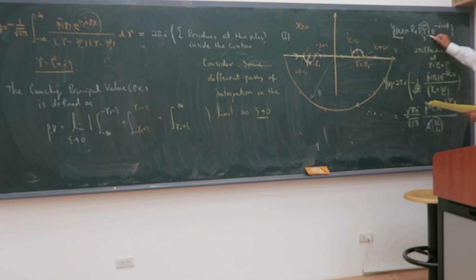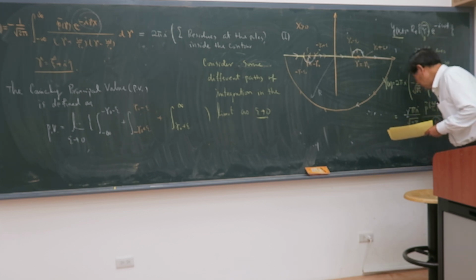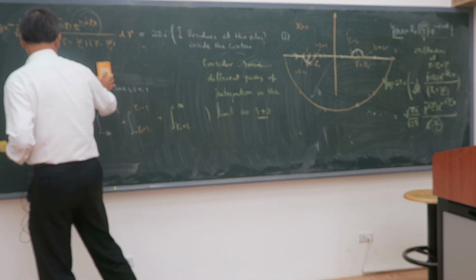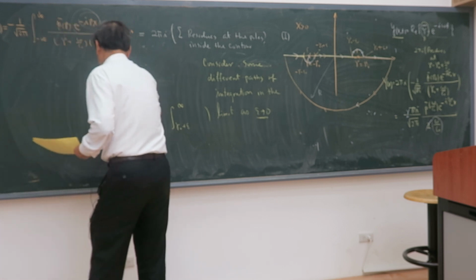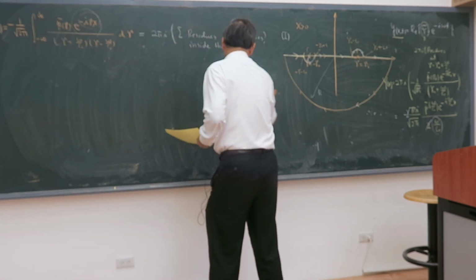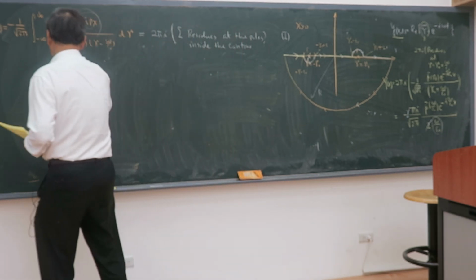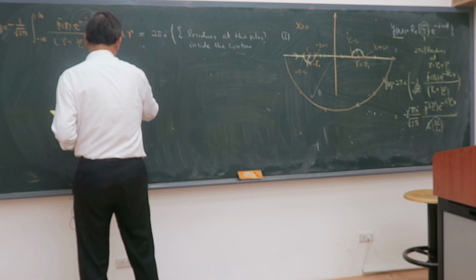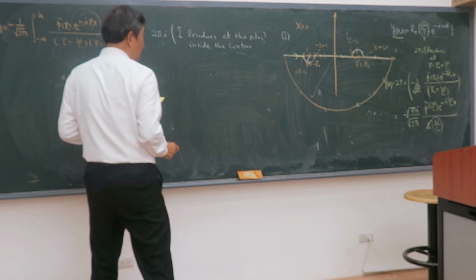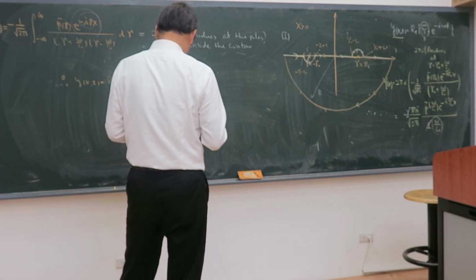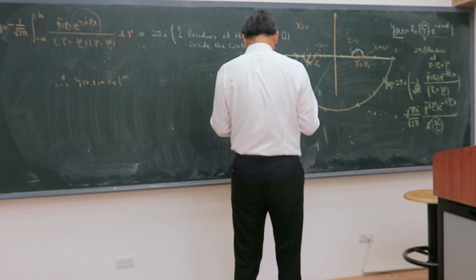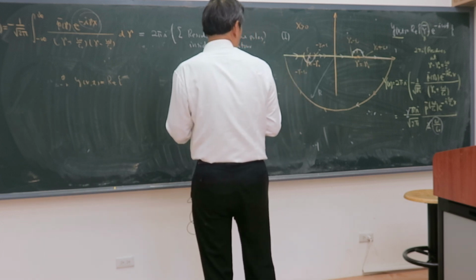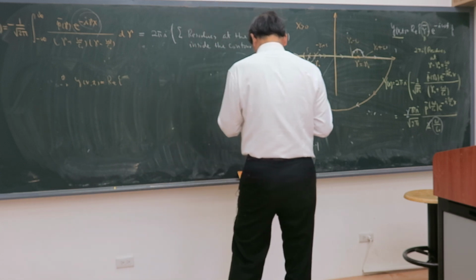If you put this into here with I omega t, you will get my yxt is equal to the real part of yx, sorry, suppose yx, not y bar x.